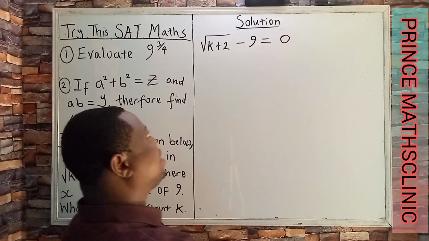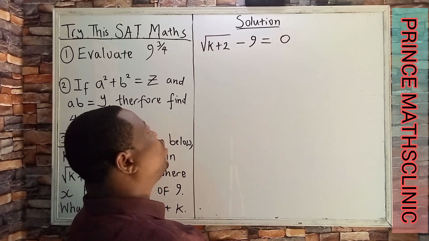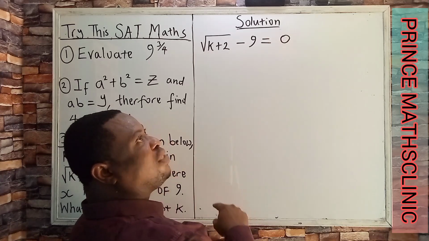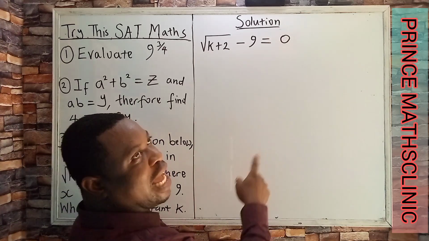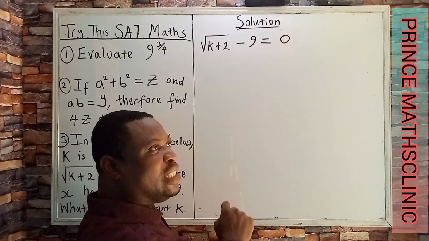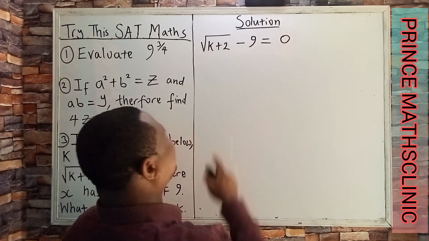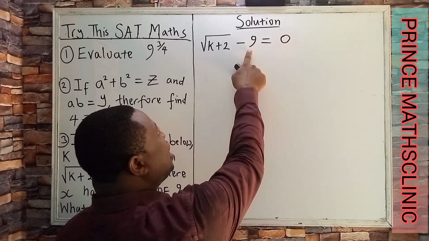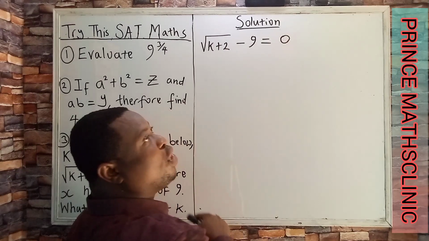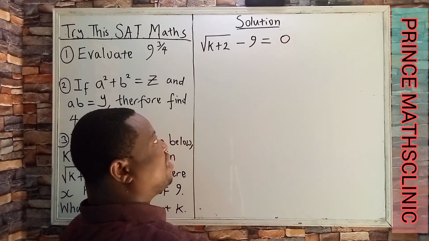In mathematics, if you have a number and you move that number across the equal to sign, the sign that number carries will change. In this place, the sign is minus 9. If it crosses the equal to sign to this other side, it is going to change to positive 9.